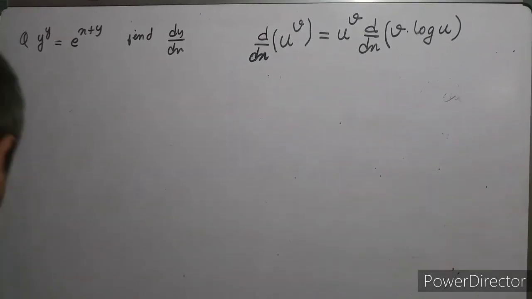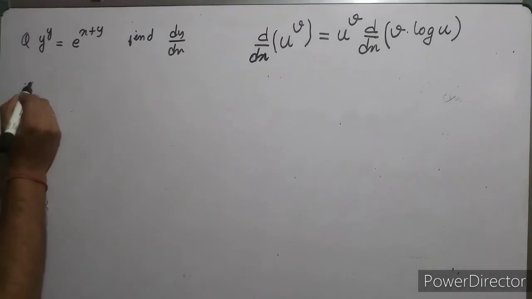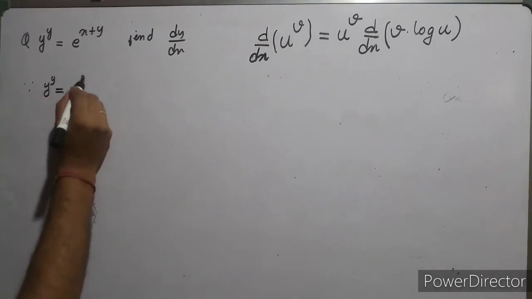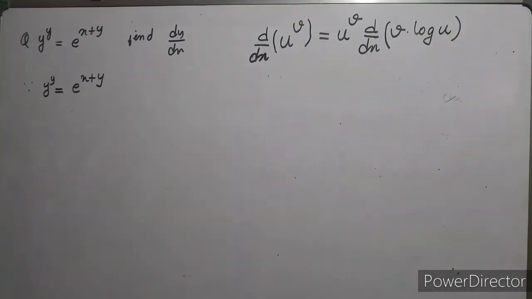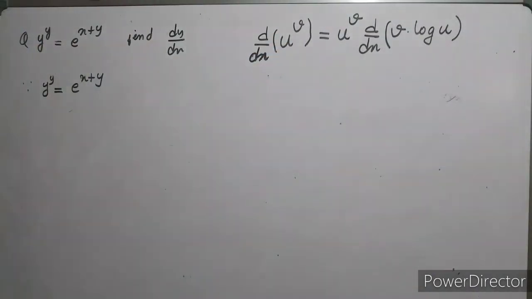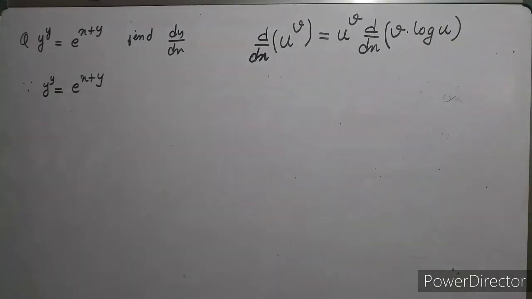Now another question. Now the question is, y to the power y is equal to e to the power x plus y. Now in this question, the first function, y to the power y, means it is in terms of u to the power v form. We'll apply this formula. The second one is a direct derivative.